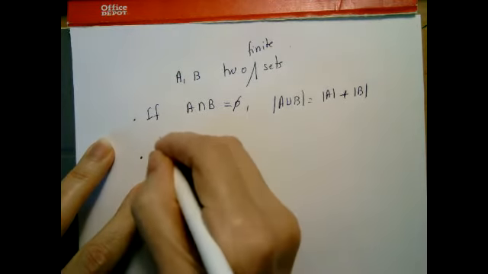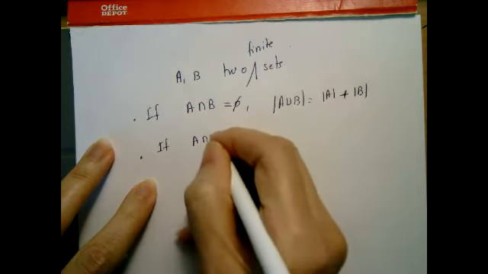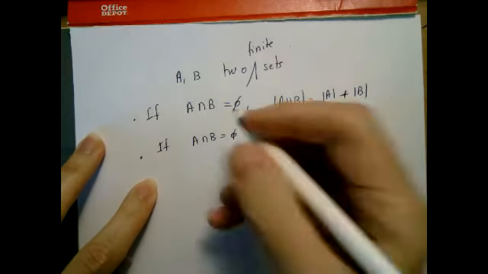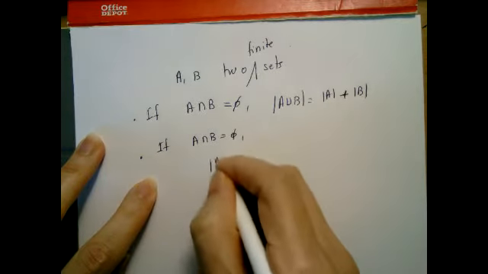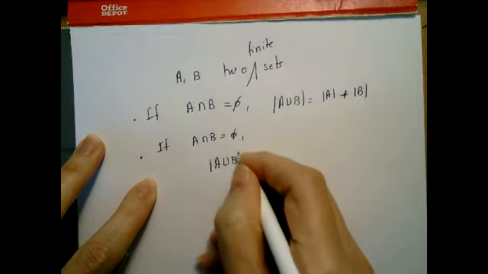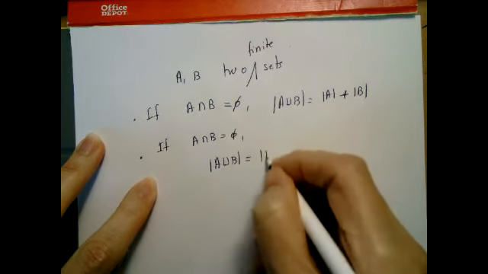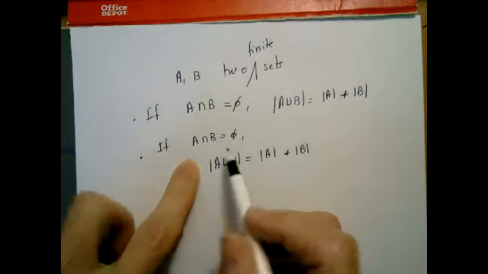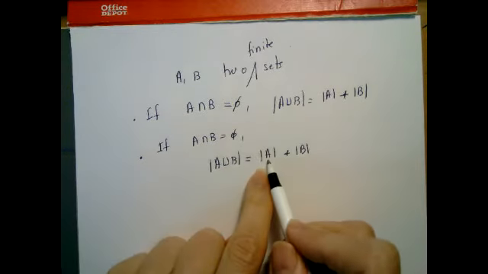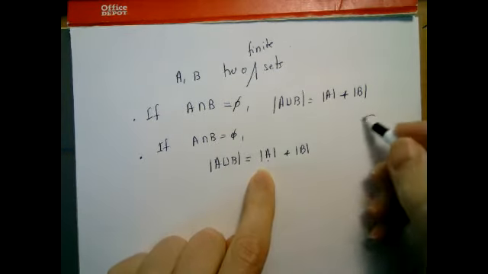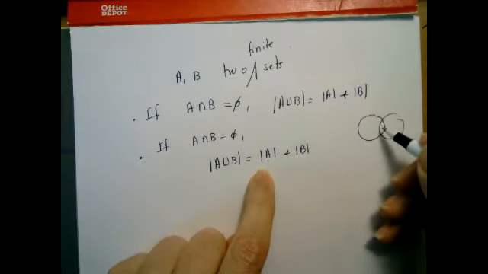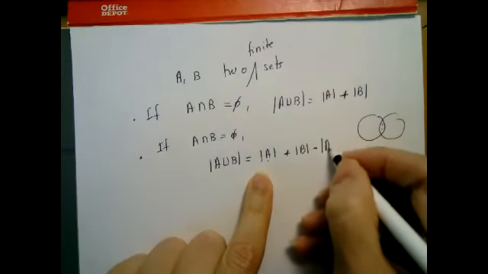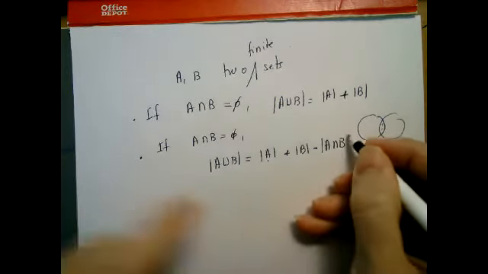And then I also told you the following. If the intersection is not empty, meaning there is something in common, then things will change. Then the cardinality of A union B becomes the cardinality of A plus the cardinality of B, but when I add them, I count the intersection twice, so I have to take it away.